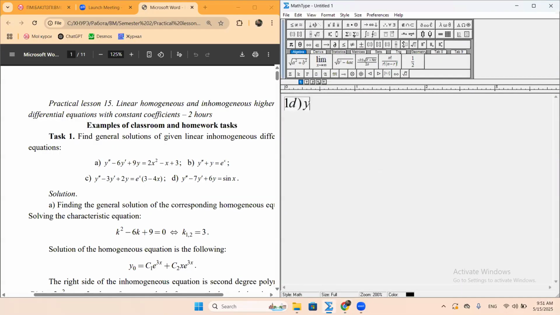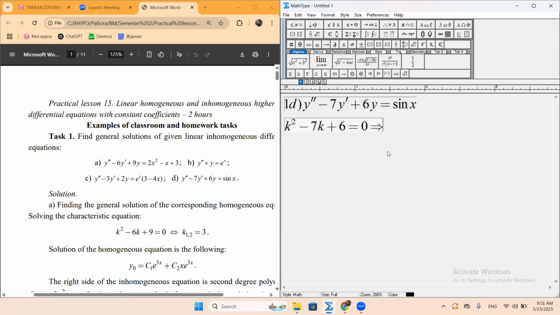Another kind of right part: y double prime minus 7y prime plus 6y equals the sine of x. First of all, writing down the characteristic equation: k squared minus 7k plus 6 equals 0.